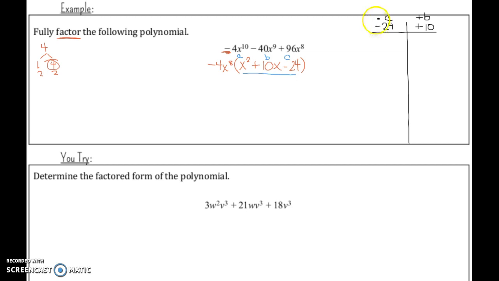Well, if I'm multiplying to a negative number, I want you to make a little note about this. If we're multiplying to a negative number, then we need to have one number positive and one number negative.